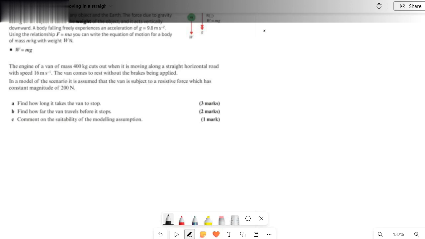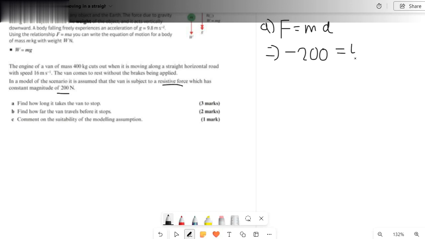So we know that the only resistive force is 200 newtons. Therefore, using the formula of resultant force equals ma, or Newton's second law, we have the resistive force being minus 200 newtons because it's resisting the motion of the car or the van.